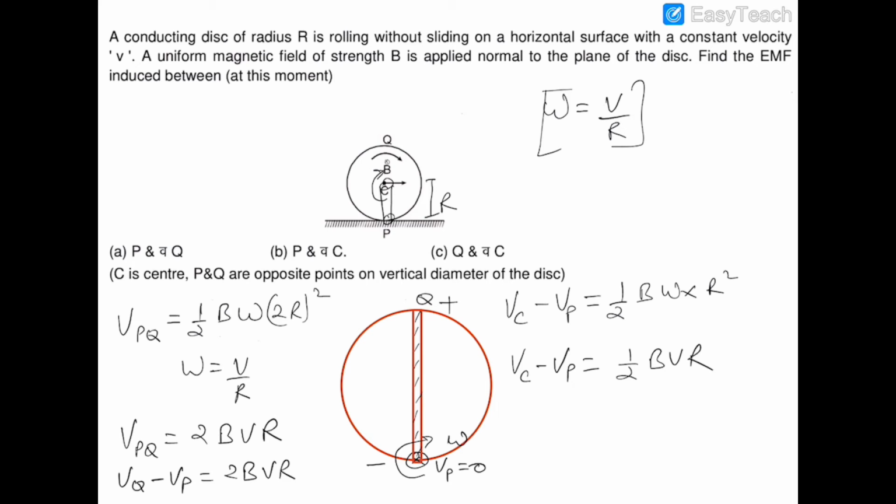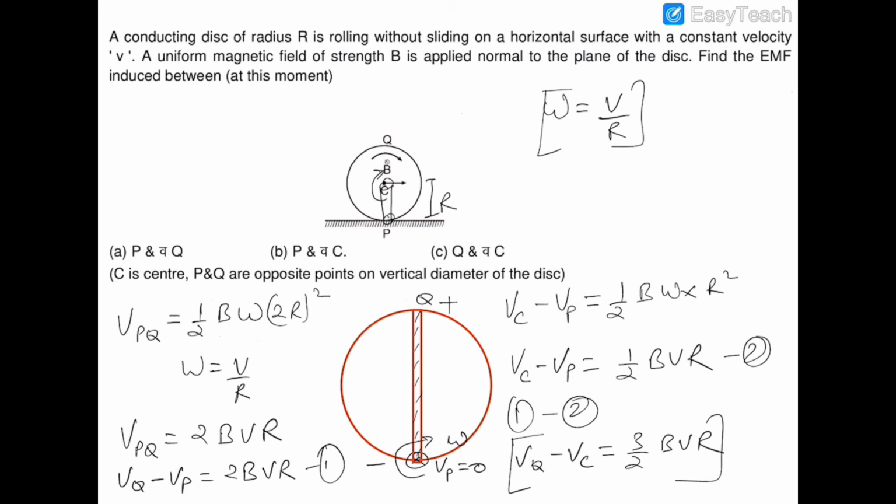Now if we wish to find the potential between Q and C, then this is equation 2 and this is equation 1, and subtracting 1 and 2, we get VQ minus VC equal to 3 by 2 BVR. So this is the potential difference between Q and C. Now we move on to the next question.